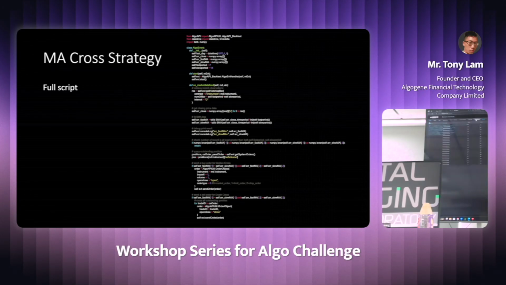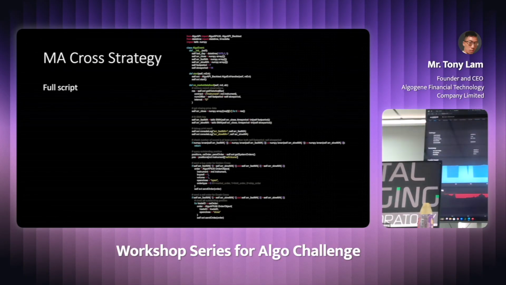So we have 12 orders. So almost we have run the same thing every month. You can find the performance on this report now.